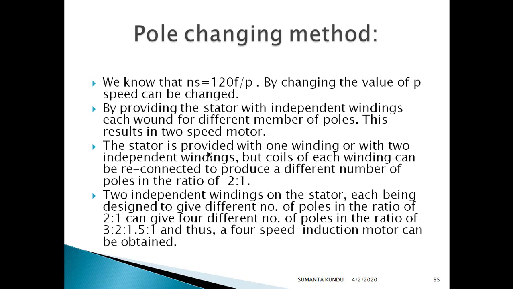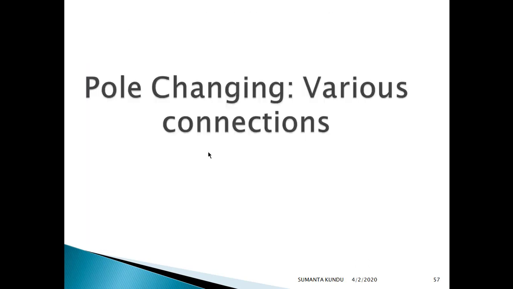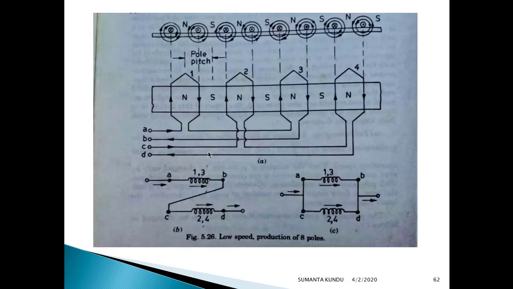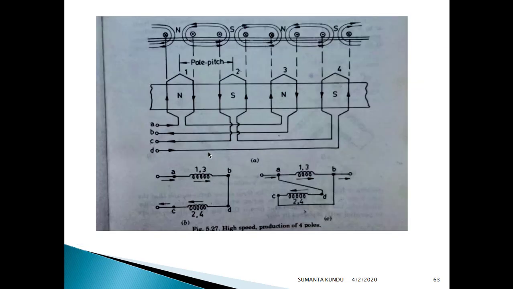Two independent windings on the stator are designed to give different numbers of poles in the ratio of 2:1, and can also give 4 different synchronous speeds. Here the arrangement has been shown for 2:1 ratio, meaning this is for 8 pole and this is for 4 pole. So 4:8, that is 2:1 ratio.